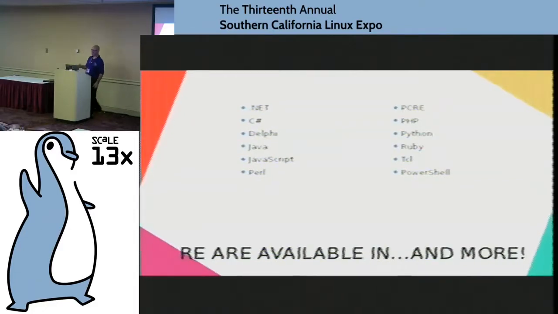If you're doing C programming, you'll find there's the Perl-compatible regular expression library. That's what PCRE stands for. But also in web-based PHP stuff. I'll show you a couple examples later with Python and Perl, but Python works really well with these. Ruby, Tcl, PowerShell, and a lot more.